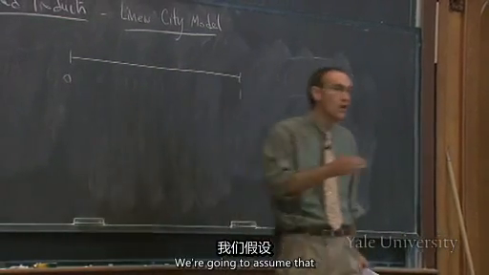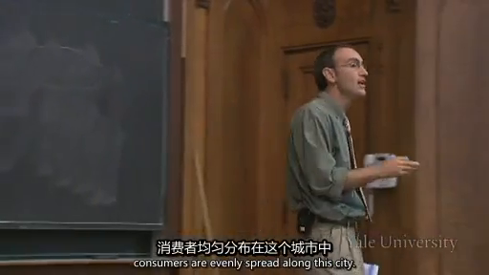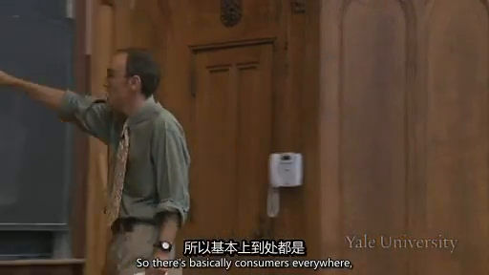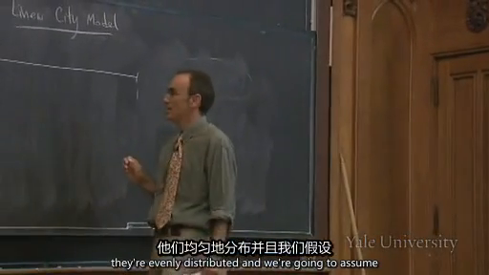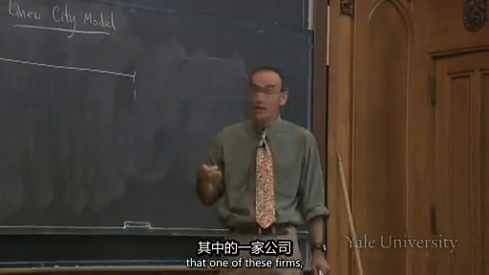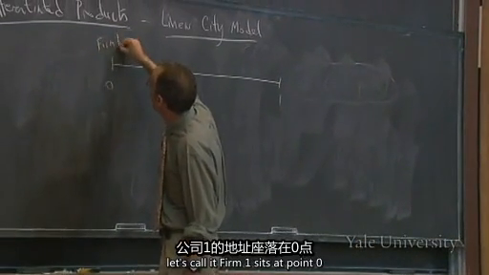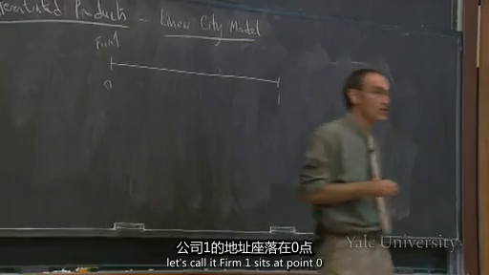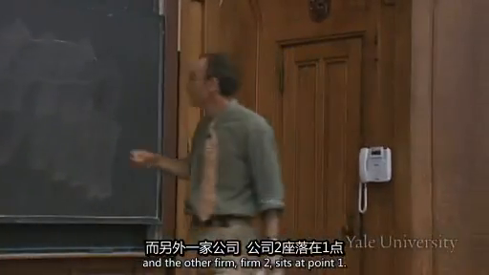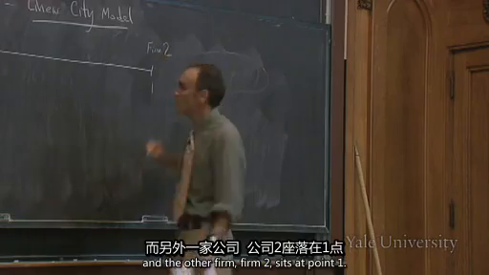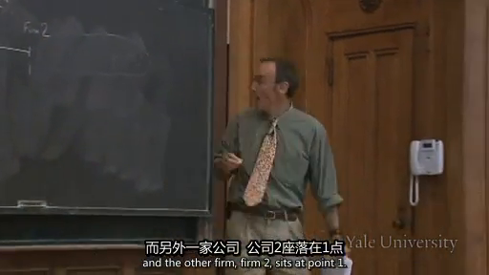And we're going to assume that consumers are evenly spread along this city. So there's basically consumers everywhere. They're evenly distributed. And we're going to assume that one of these firms, let's call it firm 1, sits at point 0, and the other firm, firm 2, sits at point 1.